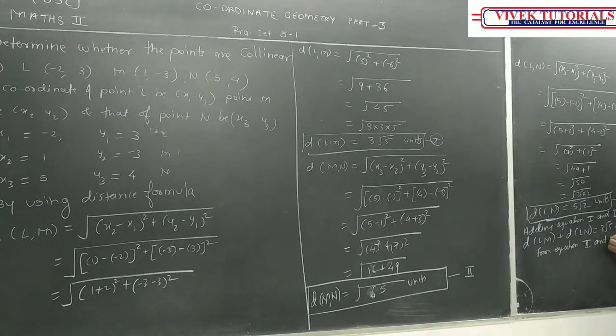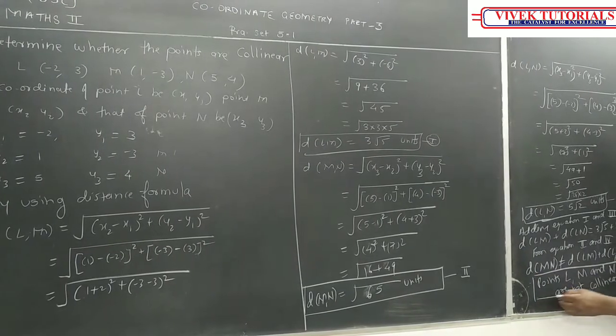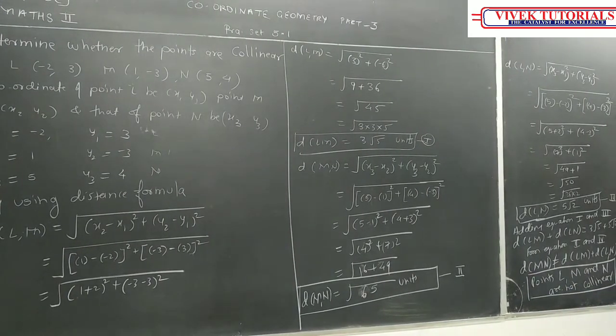So from equations 2 and 4, distance MN is not equal to distance LM plus distance LN. They are not equal, which means points L, M and N are not collinear. That we are going to write. That's it. I think you understood it properly.